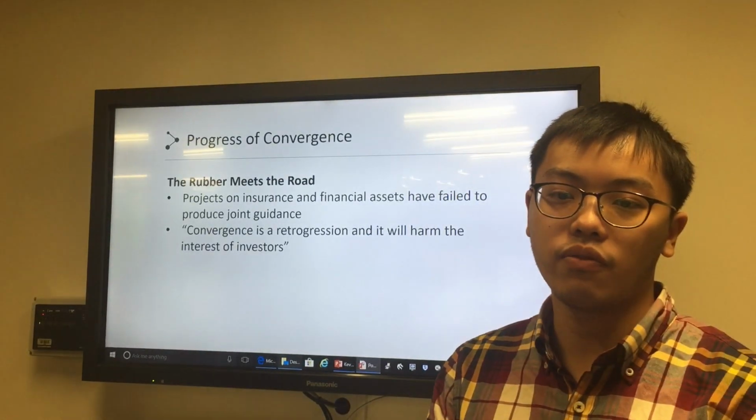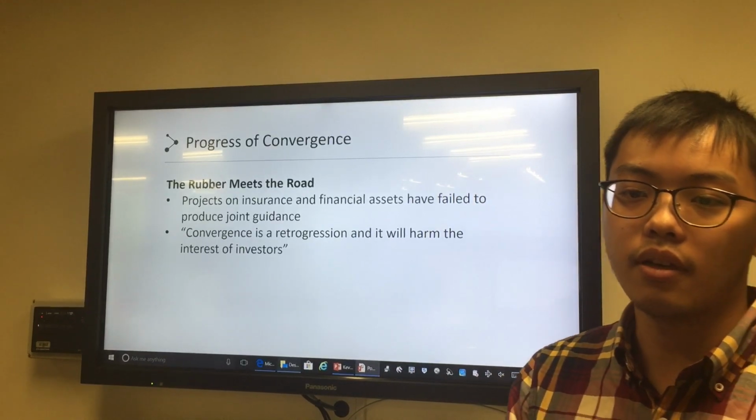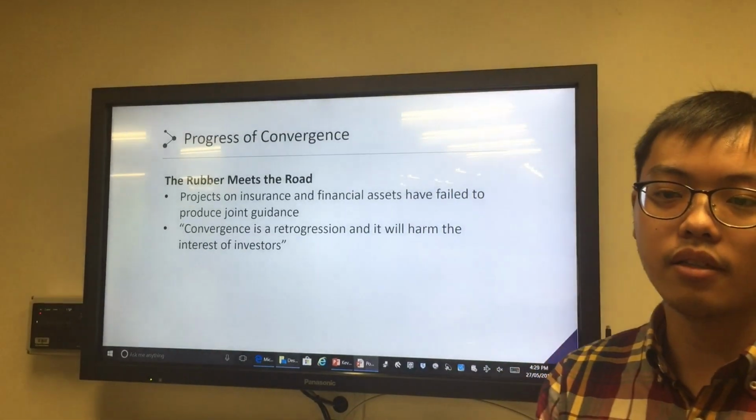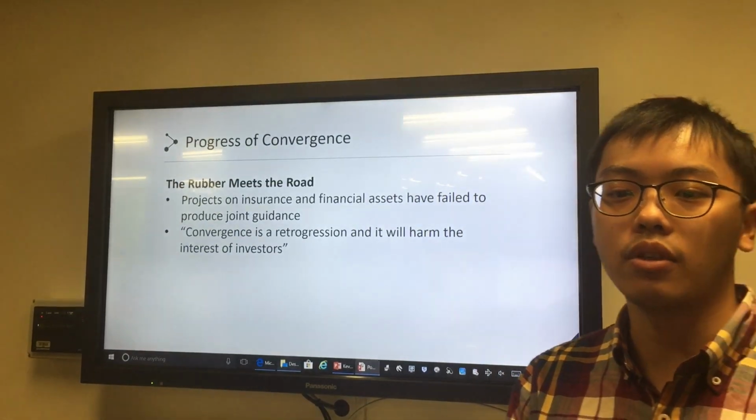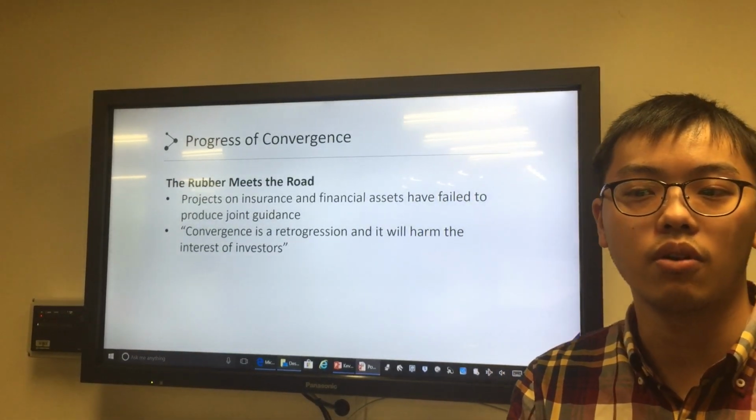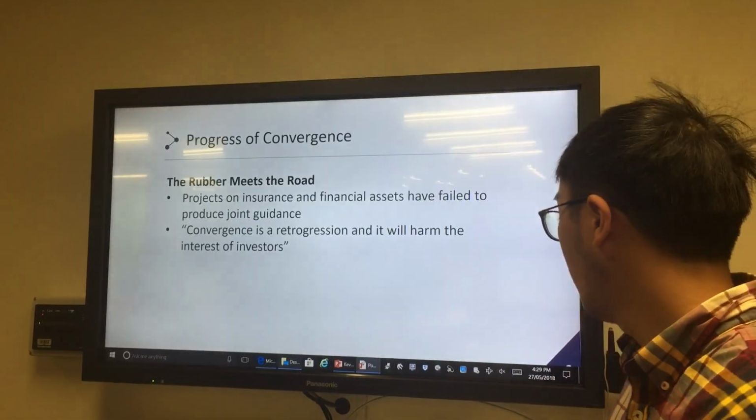For example, if FASB adopted the IASB's approach to financial asset impairment, US banks would probably have seen reduced loan loss reserves.